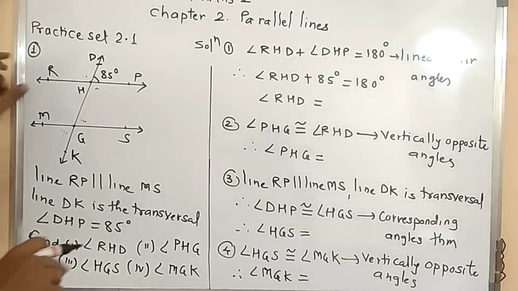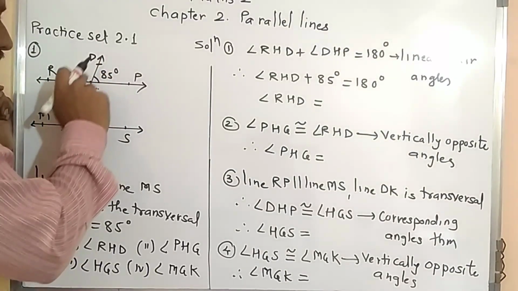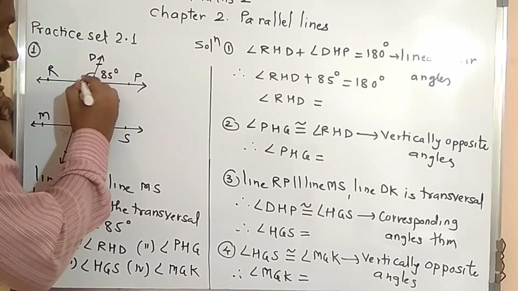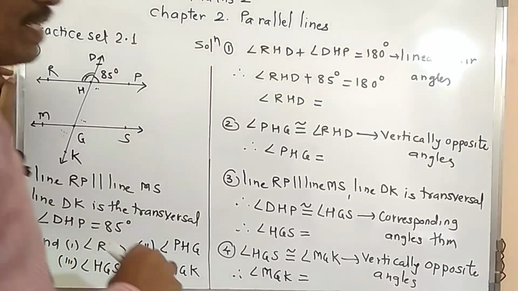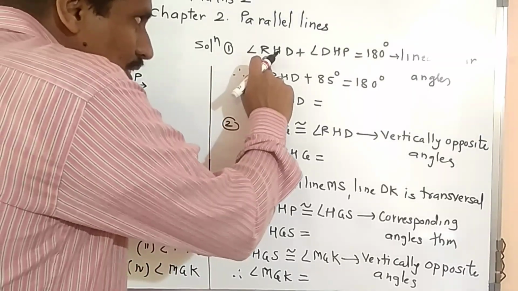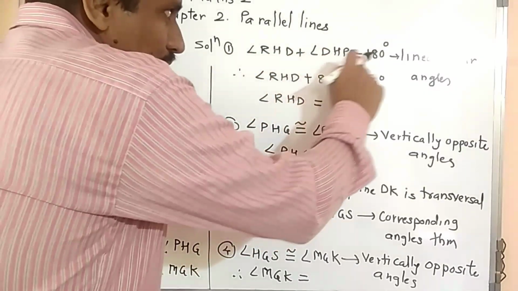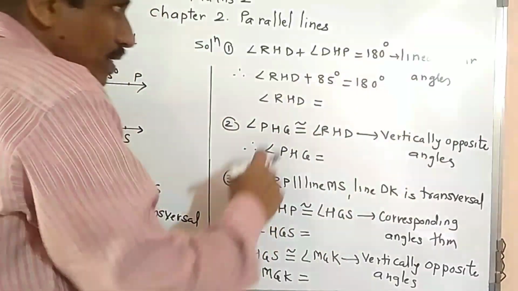Now first one, solution. Angle RHD and angle DHP form a linear pair, and we know that linear pair angles are supplementary. Therefore, angle RHD plus angle DHP is equal to 180 degrees. Linear pair angles are supplementary.